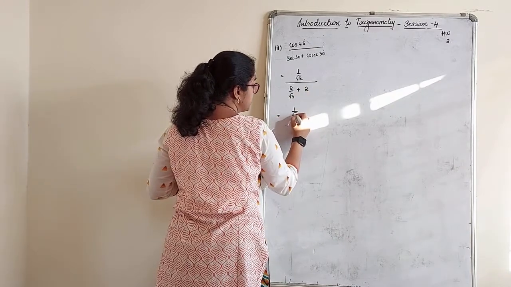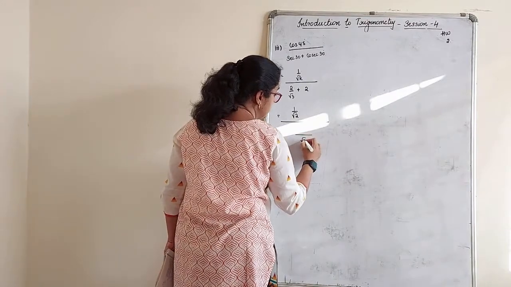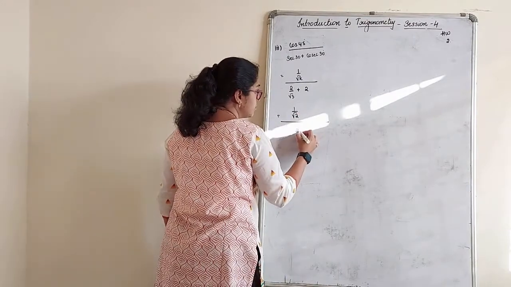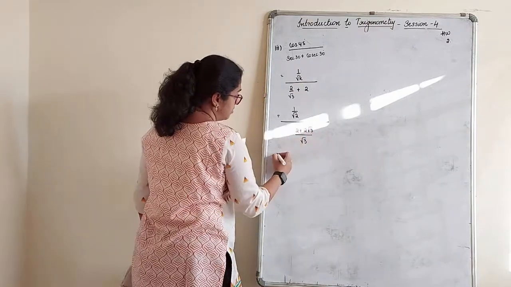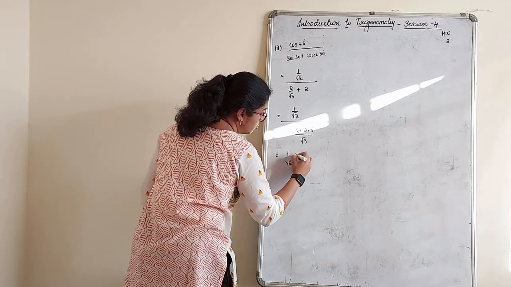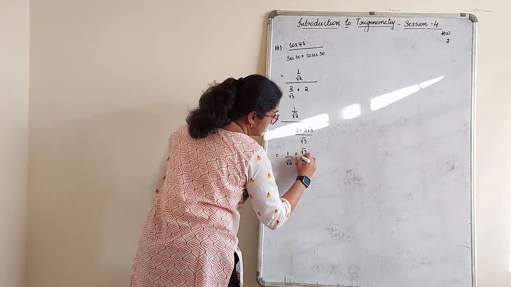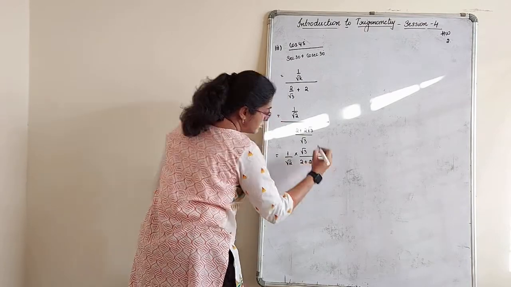Numerator, keep as it is, 1 by root 2. Denominator, root 3 is the LCM, so this is 2 plus 2 root 3 over root 3. Take the reciprocal ratio here: 1 by root 2 into root 3 divided by 2 plus 2 root 3.